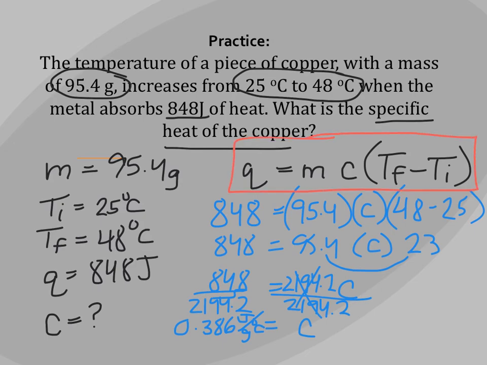This is the relationship because of specific heat capacity. Again, the heat is equal to the mass times the individual specific heat capacity times the change in temperature. And from that, we can start predicting different things, not just specific heat, but a lot of other things. Maybe next time we could solve for final temperature, or we could solve for the change in heat or energy that happens. Either way, this equation helps us out.